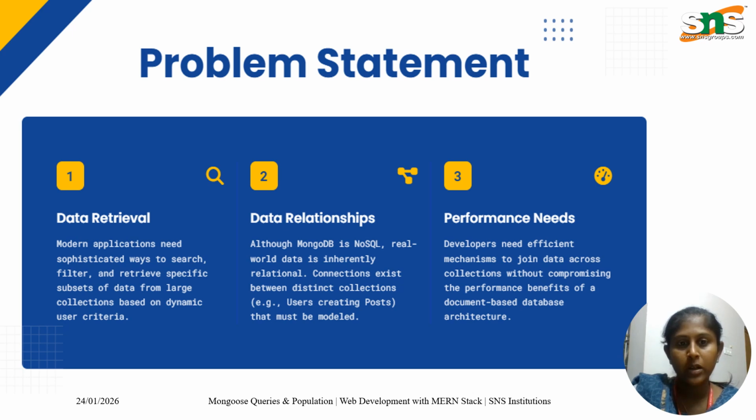These relationships must still be represented and managed efficiently. Third, performance needs. Developers need to handle relationships in complex queries without sacrificing performance. Traditional joins can be expensive, so we need optimized mechanisms that work with the document-based architecture. These challenges set the stage for why Mongoose provides advanced queries and population features.